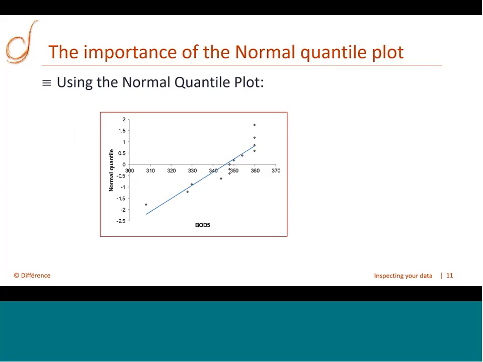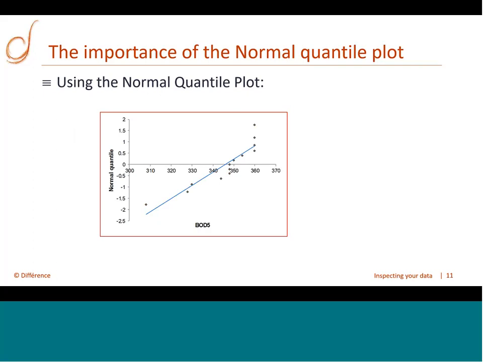So here we added the BOD5 data on a normal probability plot. And what we can see here is, on the x-axis, the BOD results. And what is strange, the points are kind of randomly distributed around the blue line, except for the last points.